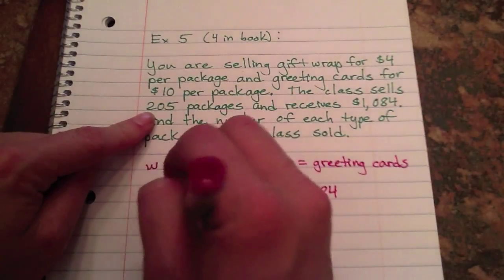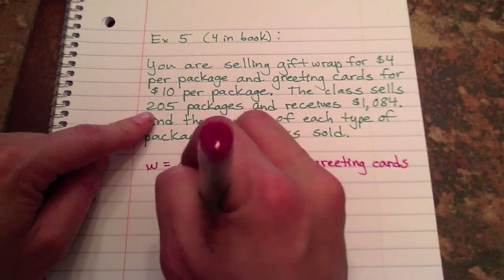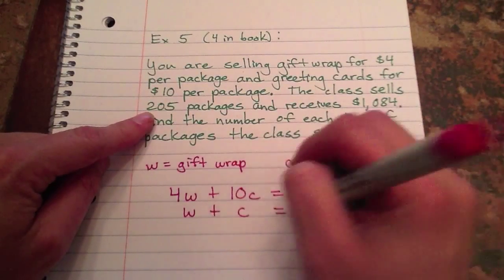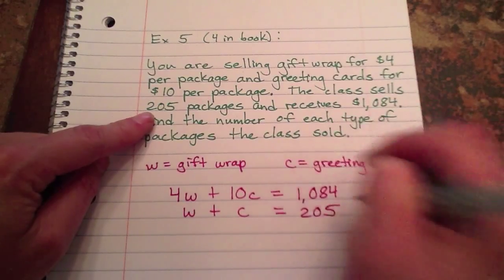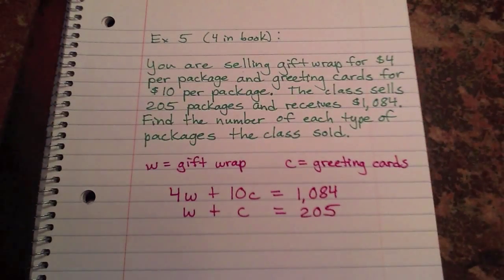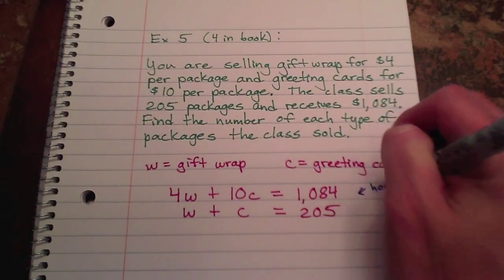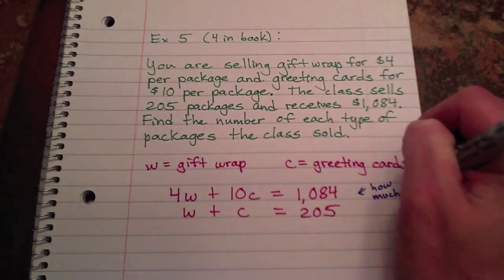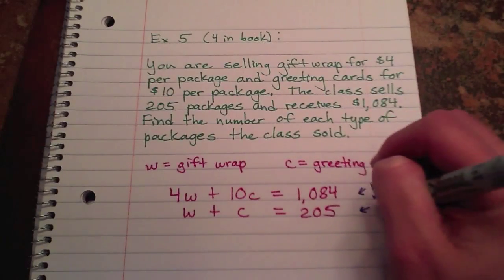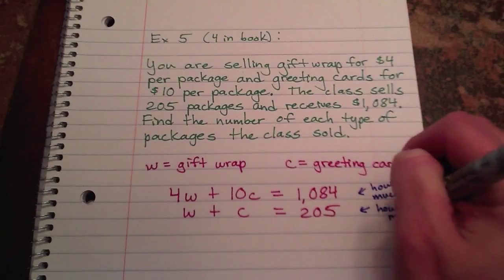It doesn't have to do with the money. So it's just our wrap plus our cards equals 205. Okay, this is our equation that talked about how much money. This is our equation that talked about how many.